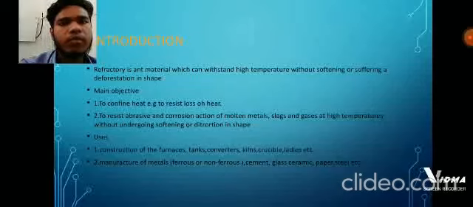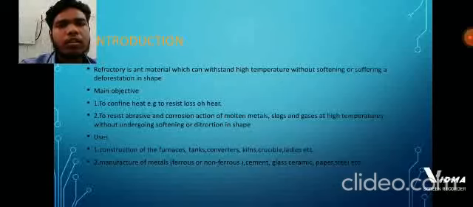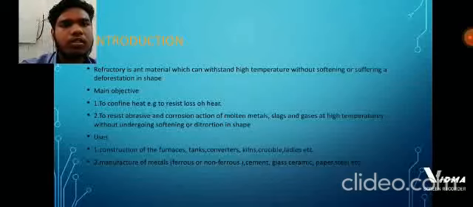Main objective: to confine heat, for example, to resist loss of heat, to resist abrasion and corrosion action of molten material, gases and gases at high temperature without undergoing softening or deterioration in shape.